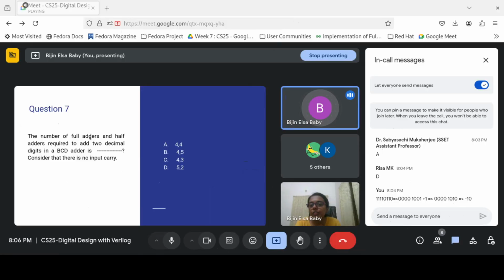The next question, the number of full adders and half adders required to add two decimal digits in a BCD adder is, consider that there is no input carry. Which is the right answer?